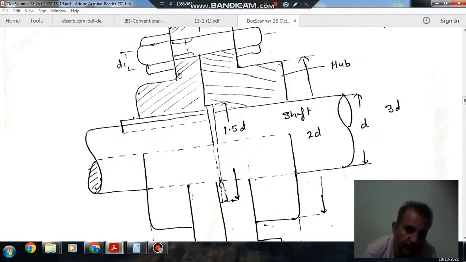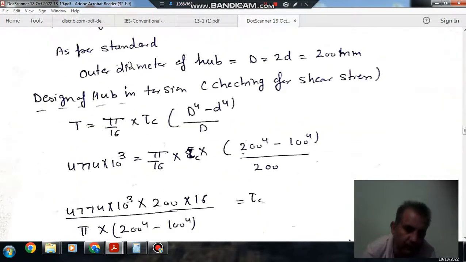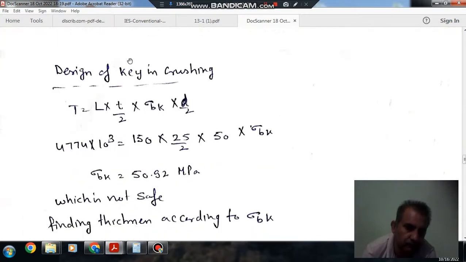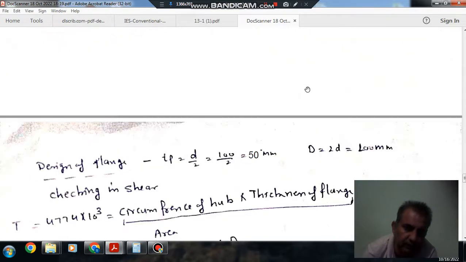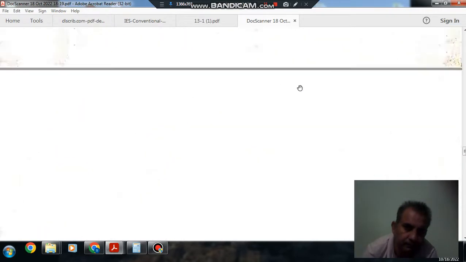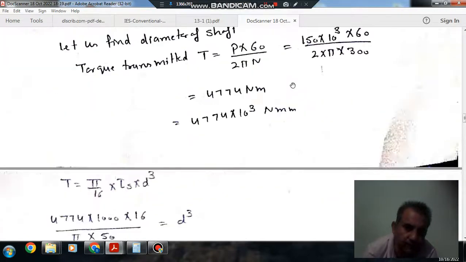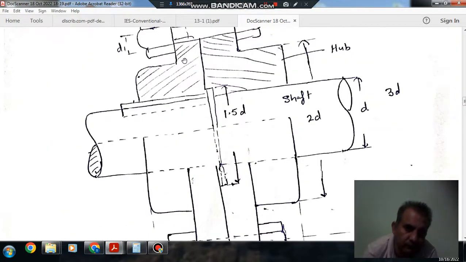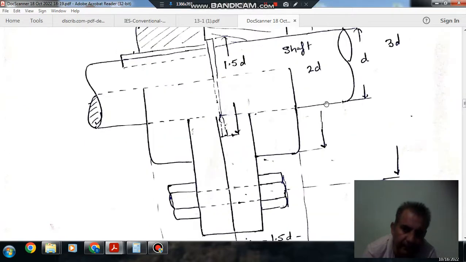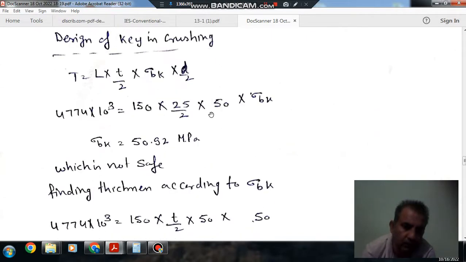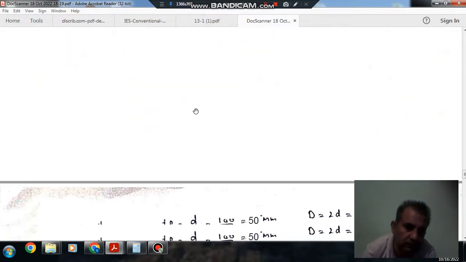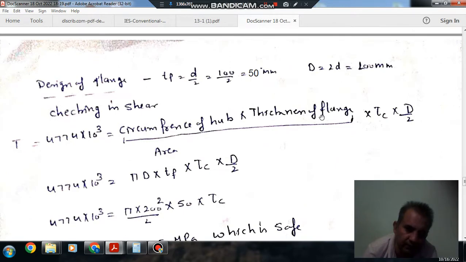The area responsible for failure is the circumference of the hub and the thickness of the flange. The thickness of the flange is this, and the circumference is pi D, pi capital D, or 2 pi d if we take small d. So it is the circumference of the hub into the thickness of the flange.